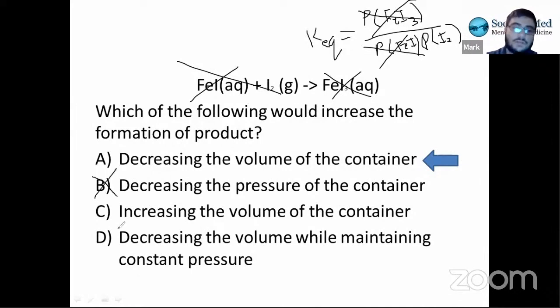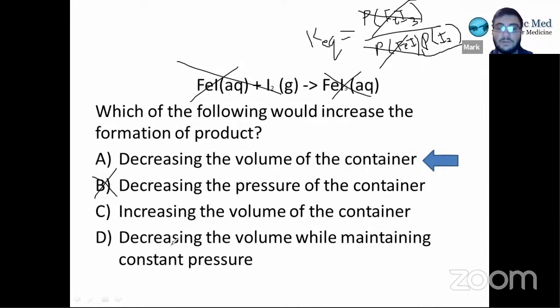We need to increase the pressure, because, if you remember from my lecture on fluids where I talked about gases, increasing the total pressure would increase the partial pressure of I2. That's the same as increasing the concentration of I2, and it would shift the equilibrium to the right, making more product be formed.